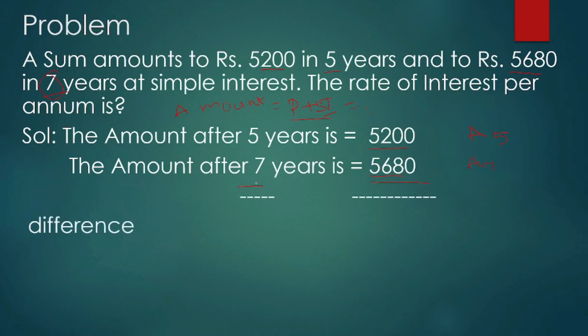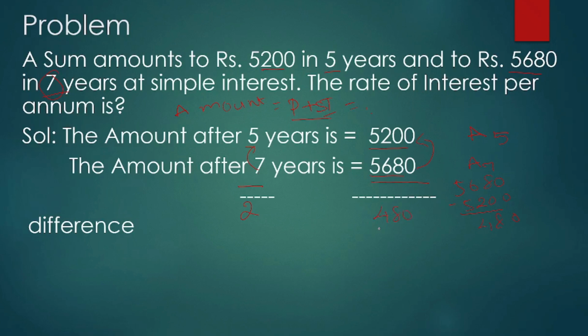So what is the difference between these two transactions will be observed here. The difference is 7 minus 5, that is 2 years, and 5,680 minus 5,200, we get 0, 8, and 6 minus 2, 4. So that is 480 rupees.